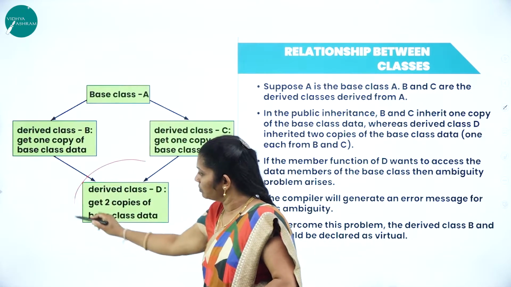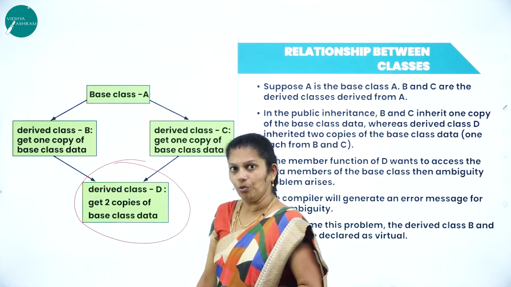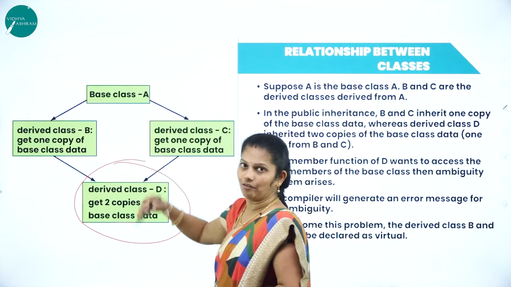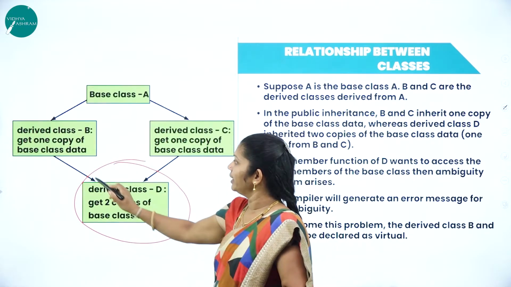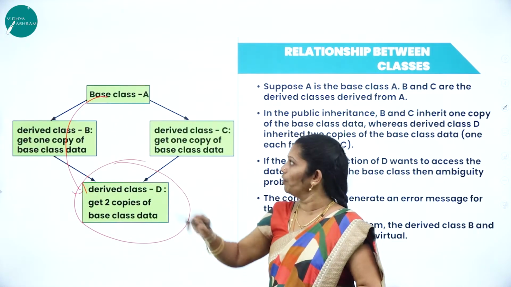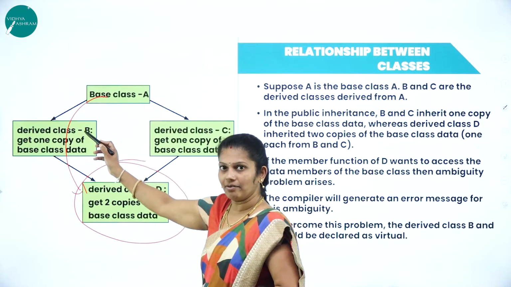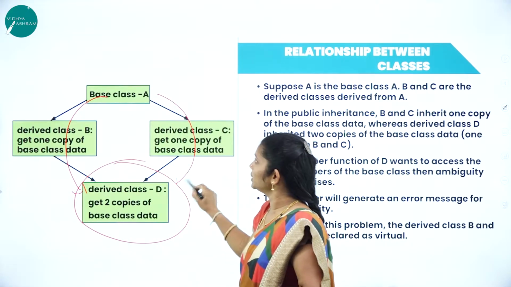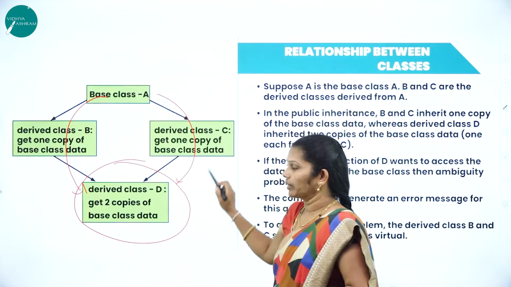Then once again, I am creating one more derived class by using an already derived one. That means here it gets a copy. If it comes from this side, then it takes a copy of the base class, then derived class B. If it comes from this, once again base class A, derived class C.